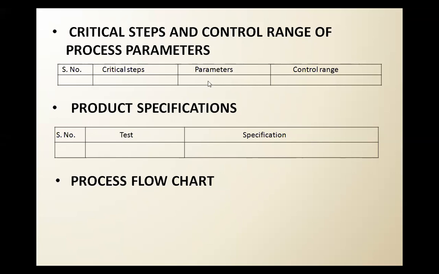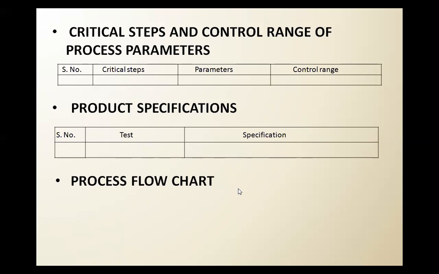Parameters means, say, disintegration time or mixing time, for example 10 to 12. Then product specifications: the name of the product, then the test, then the specifications. Say 99% is acceptable or not. The test gave 99%, so it is acceptable.